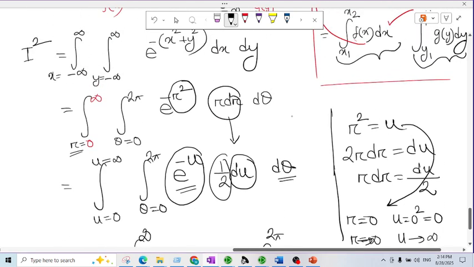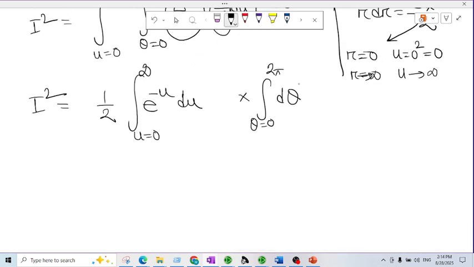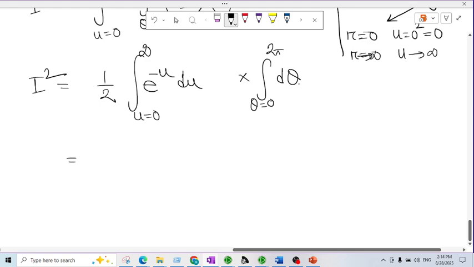And what is this actually? This is actually I square. Okay, so now we have to integrate this thing.